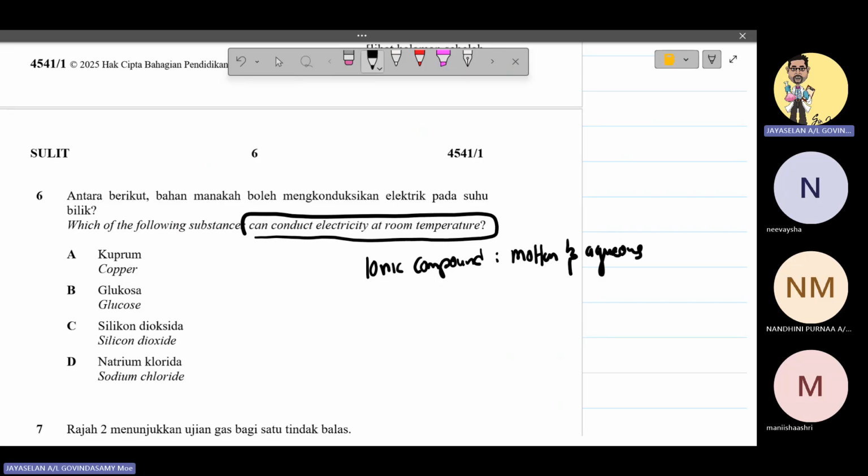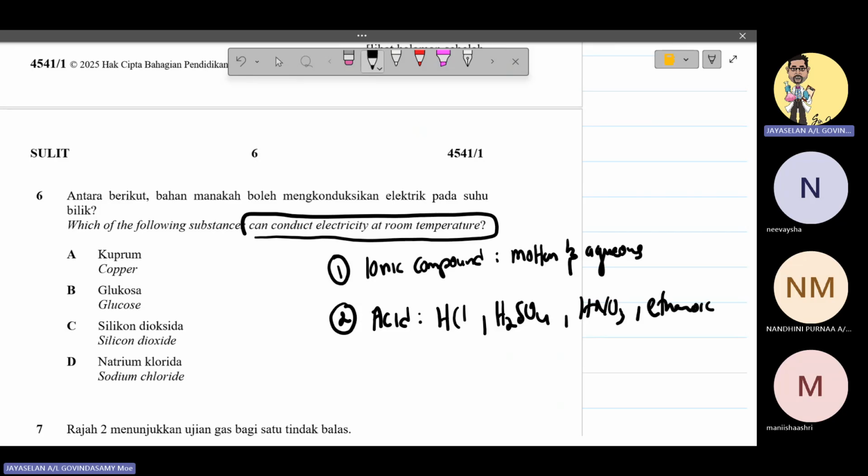Solid cannot. Number 2, you must look for acid. Acid contains freely moving hydrogen ions: hydrochloric acid, sulfuric acid, nitric acid, or ethanoic acid. If glacial, cannot; it must dissolve in water.